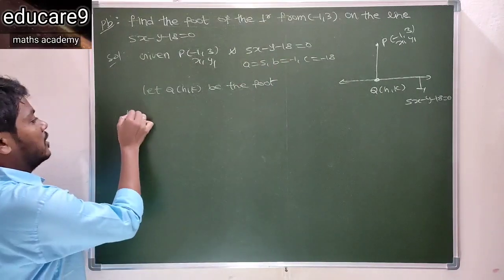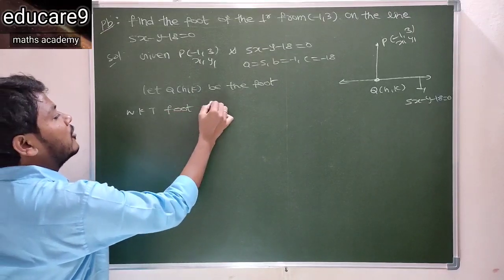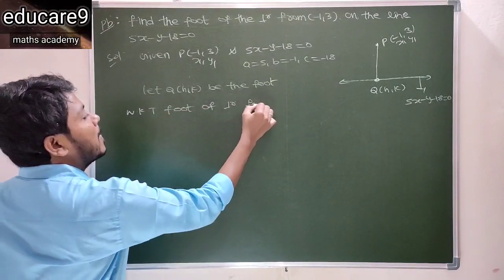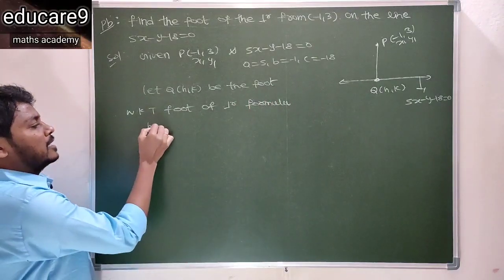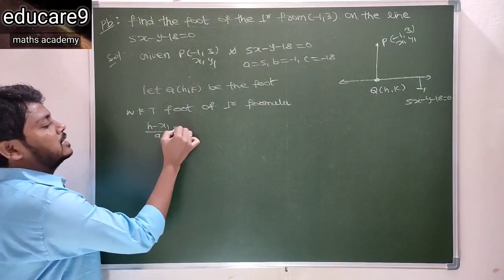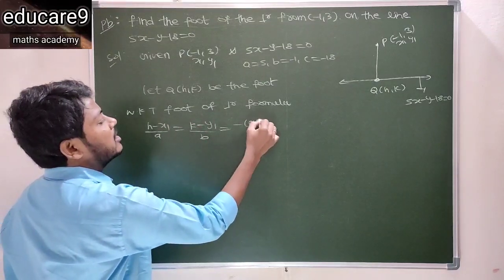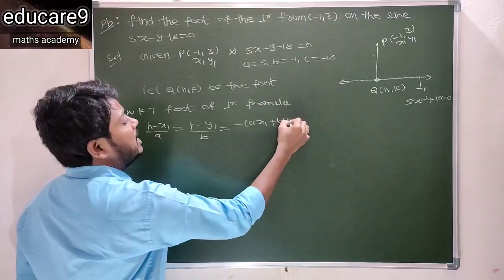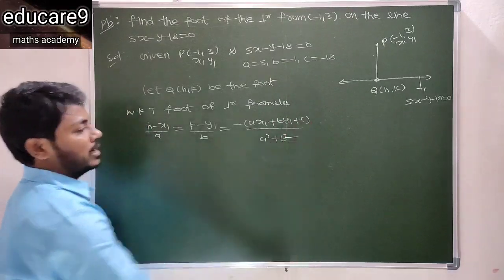So you know the foot of perpendicular formula: (h minus x1) by A is equal to (k minus y1) by B is equal to minus of (a x1 plus b y1 plus c) by (a squared plus b squared).